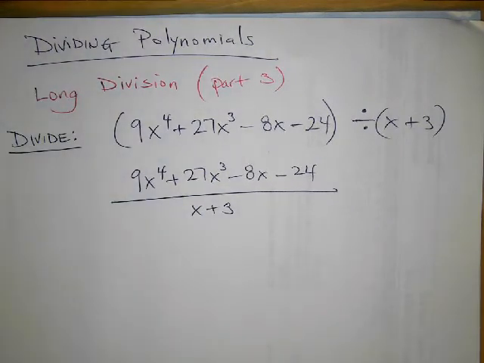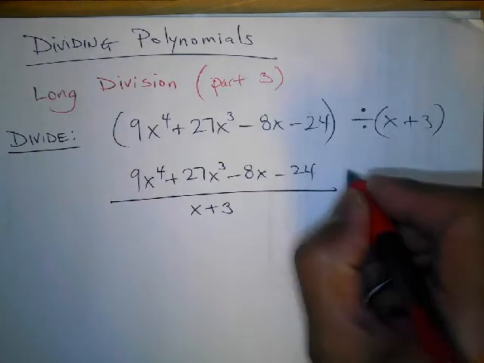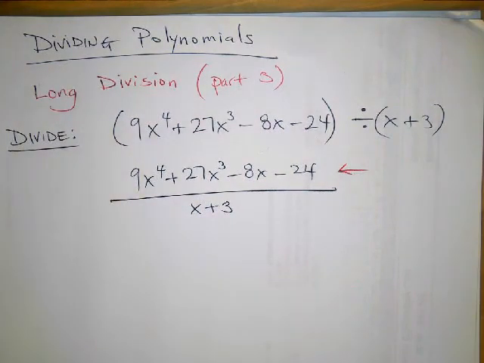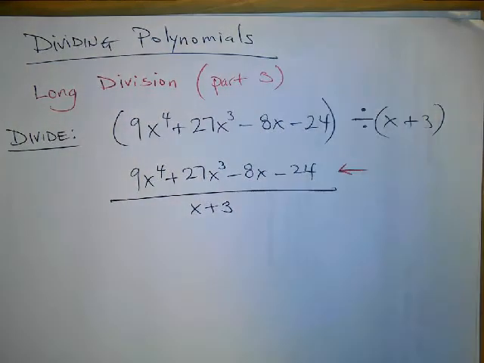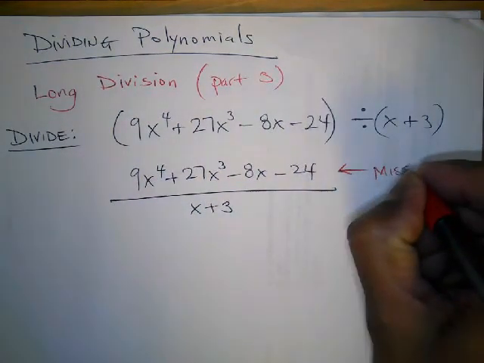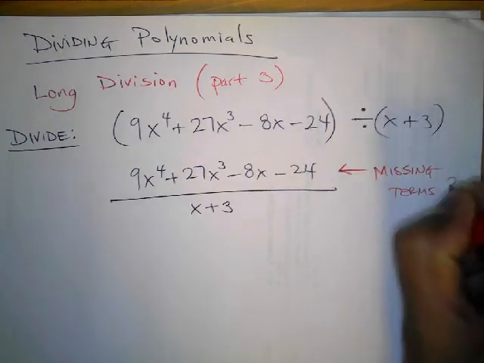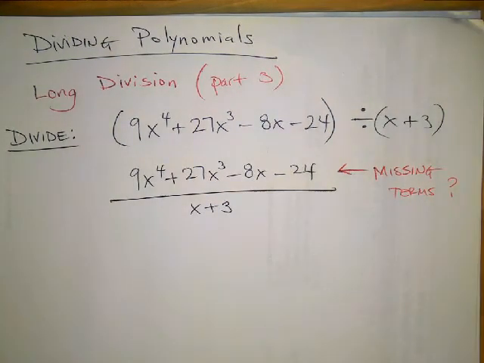It is. I mean, 95% of this is just like the previous assignment. What you have to do now is pay attention to this polynomial up on the top. You got to see if there's any missing terms. Does it have any missing terms?